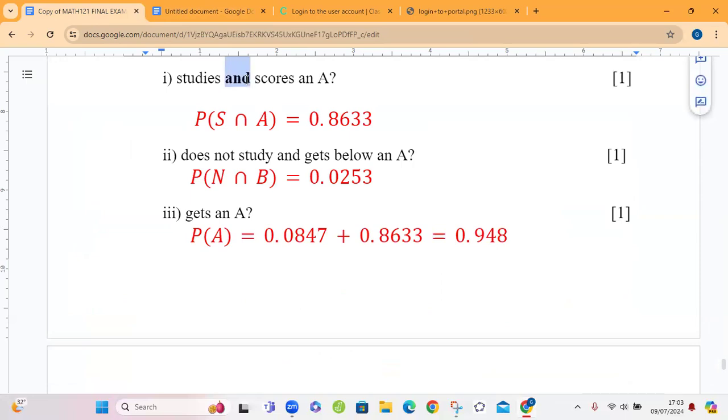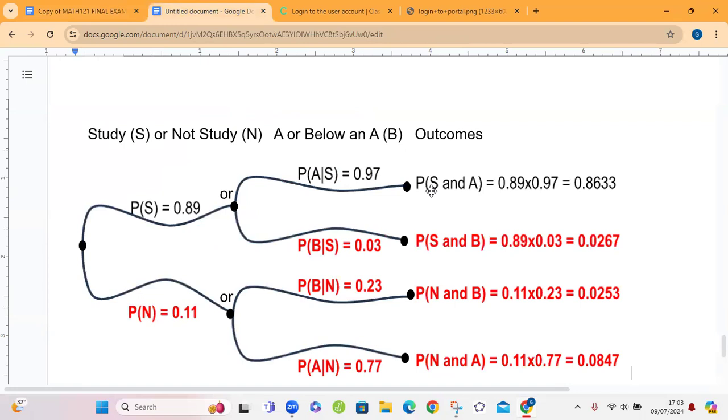The word "and" is also an important word in probability analysis, and it has its own symbol, which is the intersection symbol. So when you see this symbol, you can say "and." Studying and getting an A. What is the probability of him studying and getting an A? And here it is. Probability of him studying and getting an A is 0.8633.